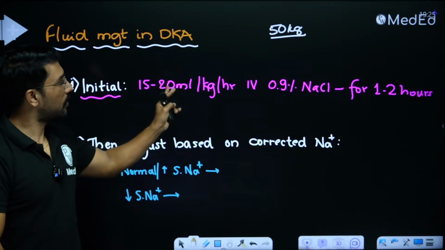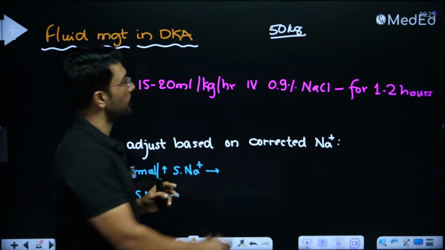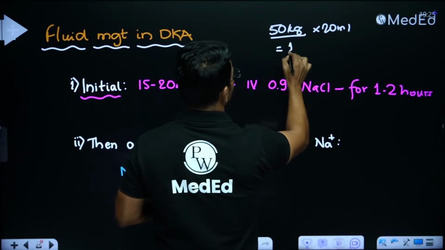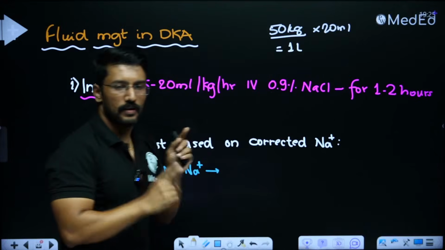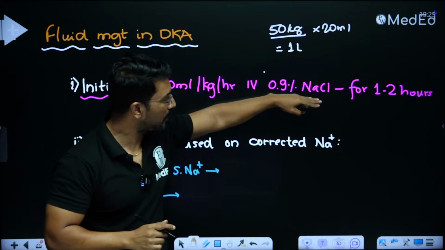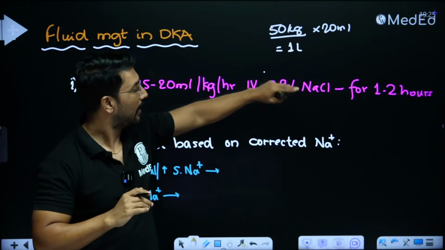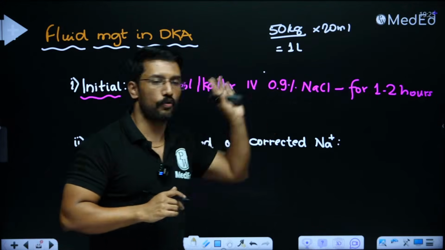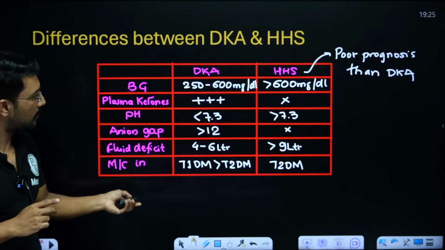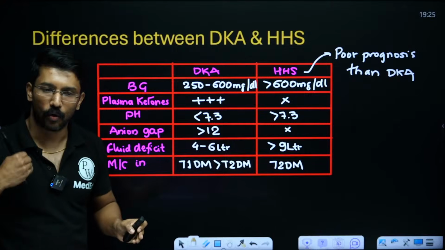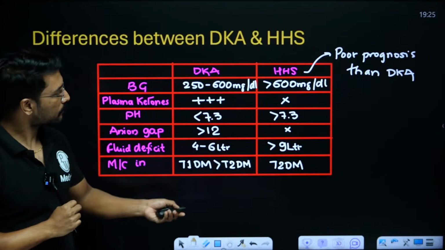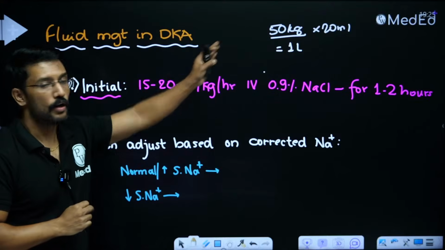So 20 ml per kg for a 50 kg person will be 50 kg into 20 ml, that transforms to 1 liter. So in the first hour I need to give 1 liter of fluid, that is again 0.9% sodium chloride or normal saline, and then the second hour also I will give 1 liter of fluid. So that is 2 liters of fluid. He had the deficit of 4 to 6 liters. Out of that, I have already replaced 2 liters in the first 2 hours, right? So that is how we calculate the initial fluid.